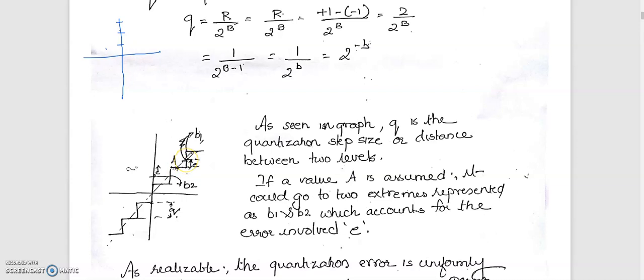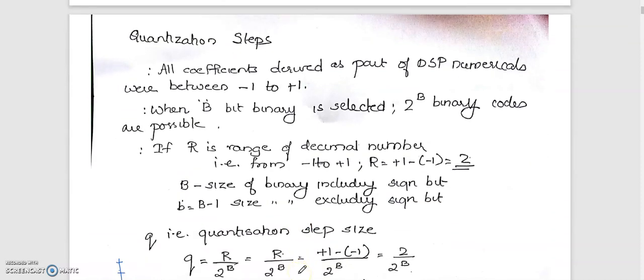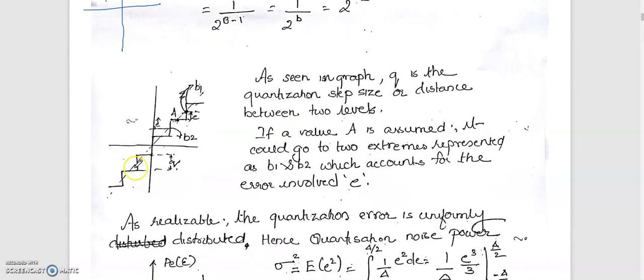If a value exists over here, its nearest approximation can be given by this one or this one, but the distance between this value and this one will be constant at every point or step. So this is known as the quantization step size. And this diagram basically shows you quantization steps. So I hope it is clear.